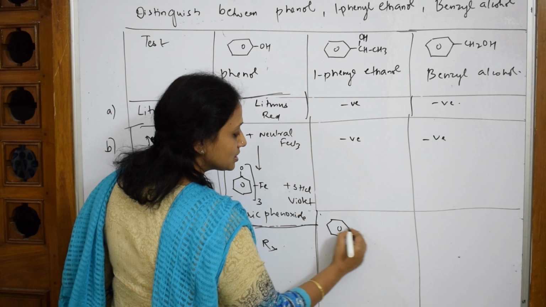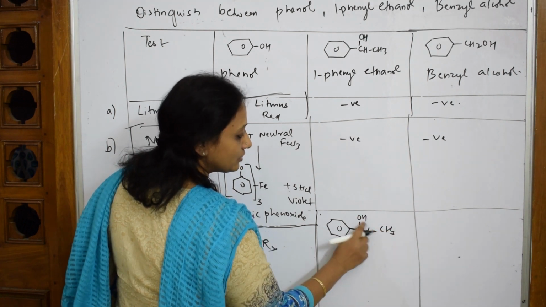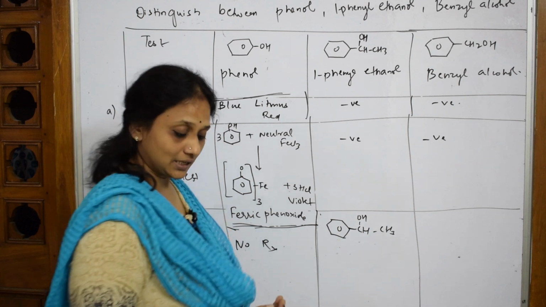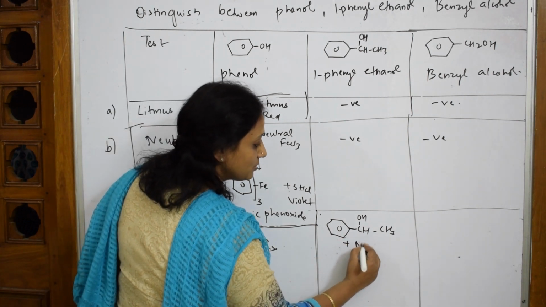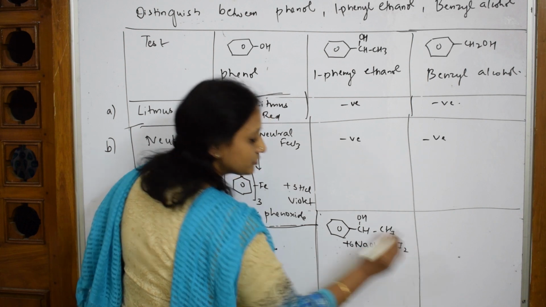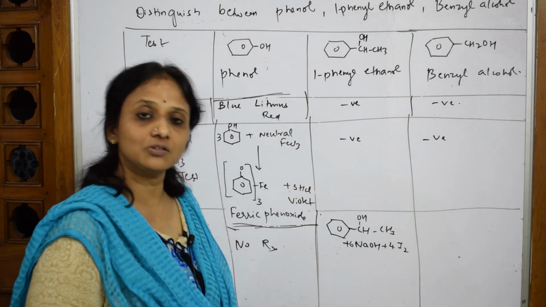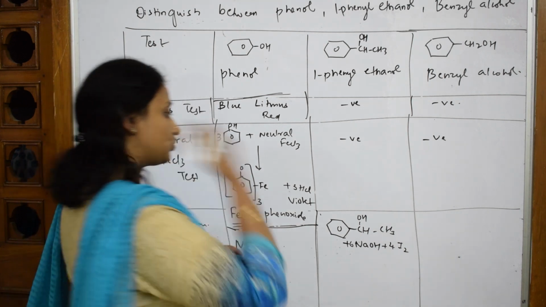I'm going to pick up the 1-phenyl ethanol, where you have an adjacent methyl group, isn't it? Now when you add sodium hydroxide, I've already explained this reaction many times, in the videos on alcohols and phenols where I've explained the iodoform test. Now what is this going to form?